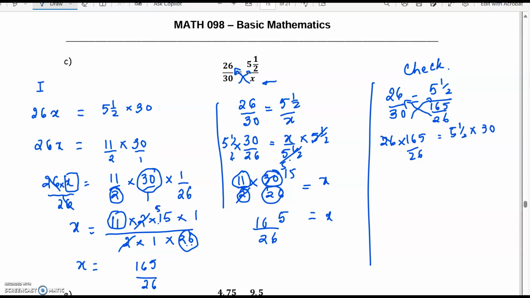So we cancel the 26 and we get 165 equals 11 over 2 times 30, which is 2 times 15. The 2s cancel and we get 11 times 15 on the right side, which is 165, and our answer is correct.